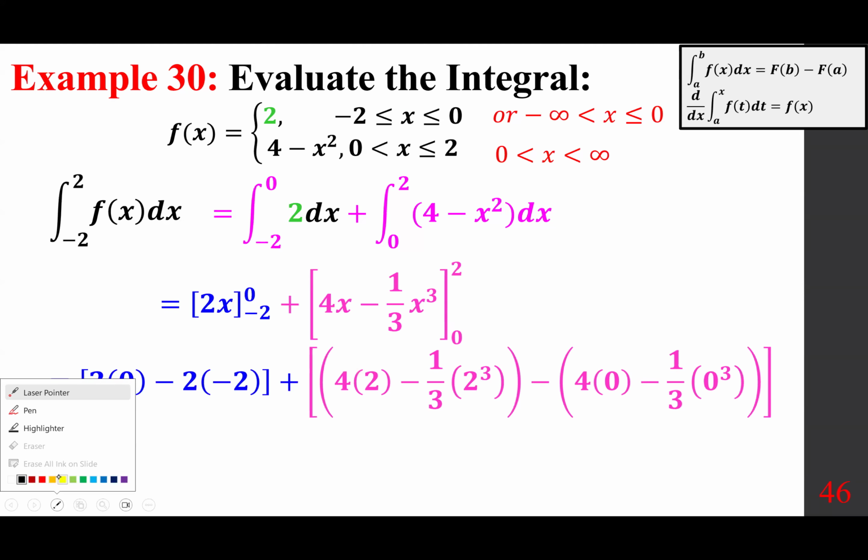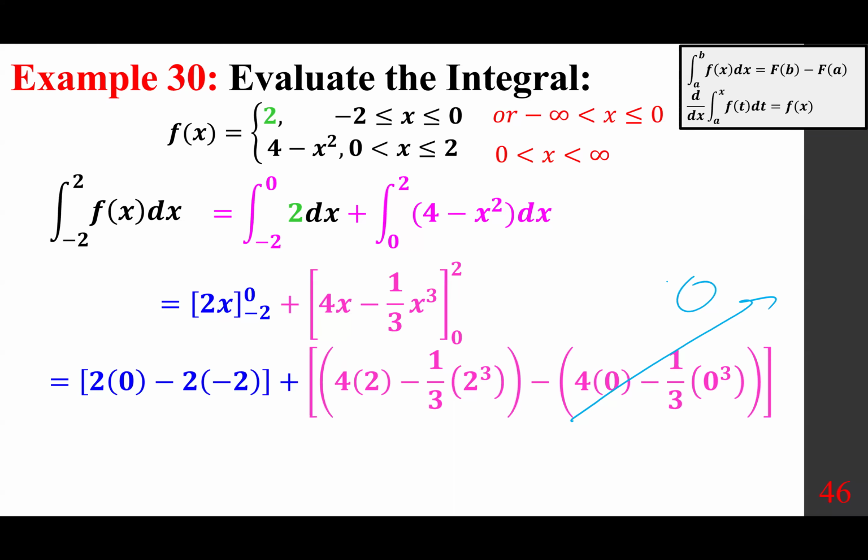Obviously, there's not much we have to do here. This is 0. So is this one. And this is just 4. This is just 8. This is 8, so minus 8/3. 4 and 8, 12. Minus 8/3. 12 is 36/3.